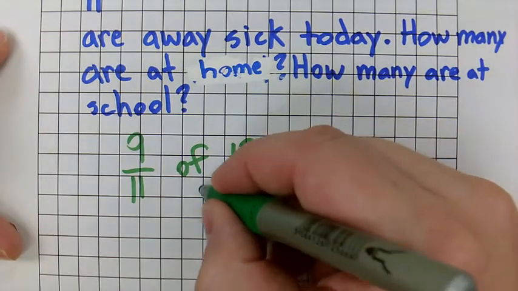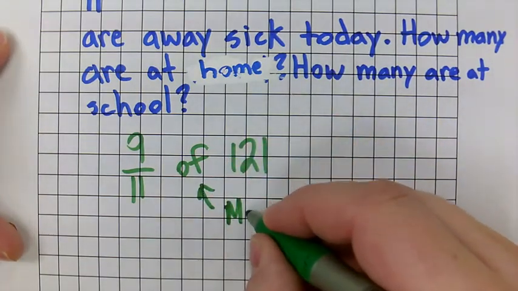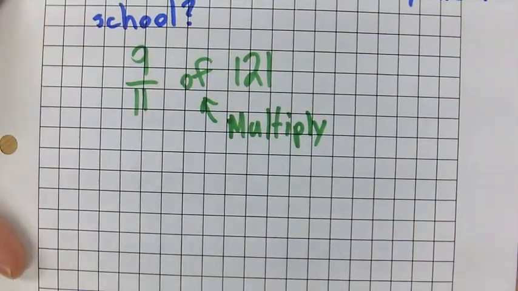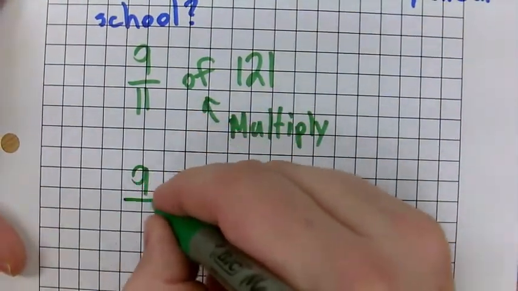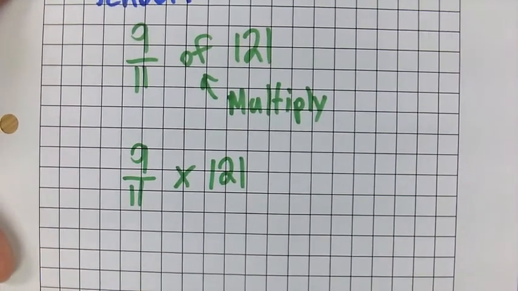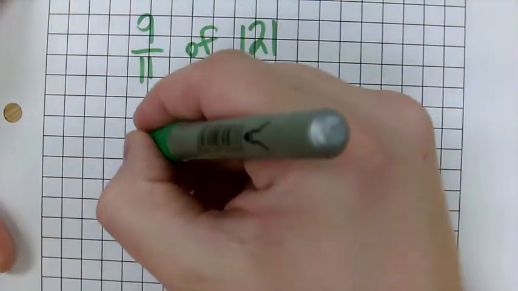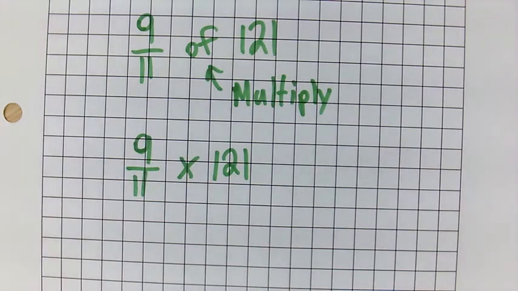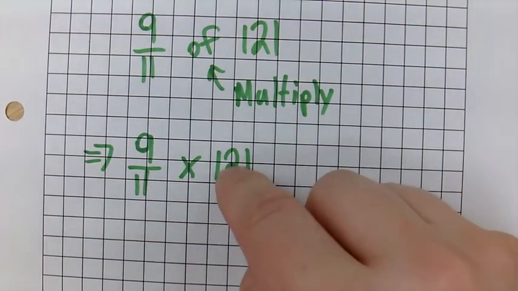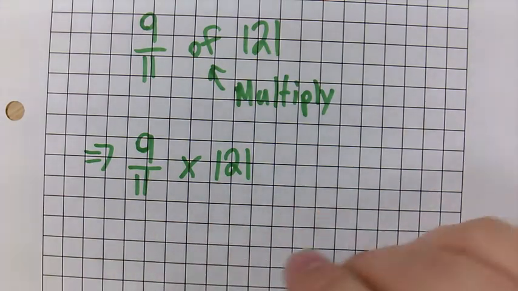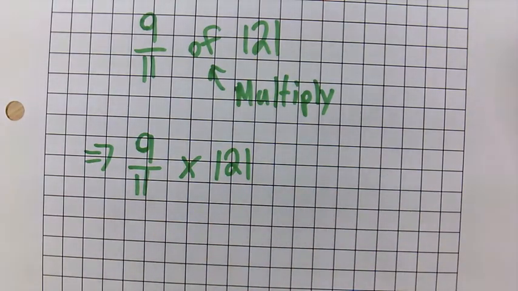When you see this word of, it means multiply. So what we're going to do here is take 9/11ths and multiply it by 121. Now you could do this a few ways. You could take 121 and put it into 11 groups and then count up or add up how many are in each of those, which in essence is dividing, right?